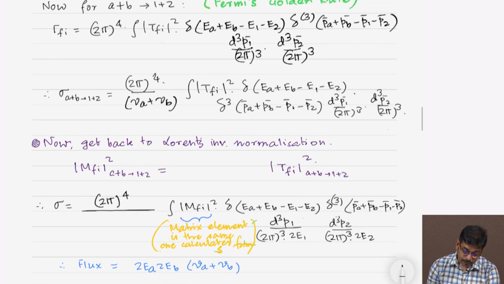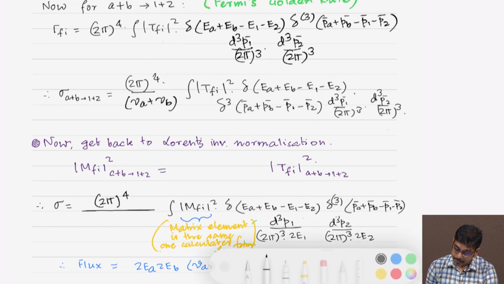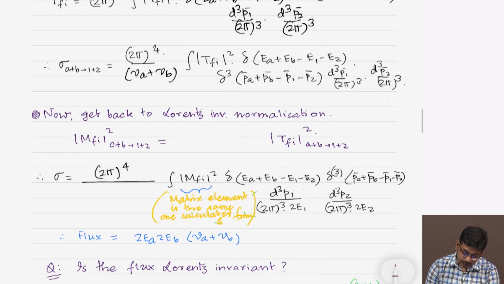factors. Now, if I go to the Lorentz invariant description of the normalization, then how is this TFI square going to relate to MFI square? Remember that we said that the Lorentz invariant way of normalizing the wave function is to invoke a factor of 2E whole to the power half for each of the wave functions.